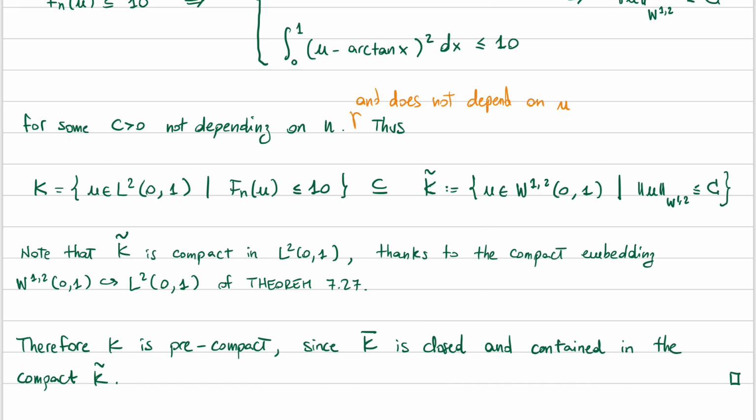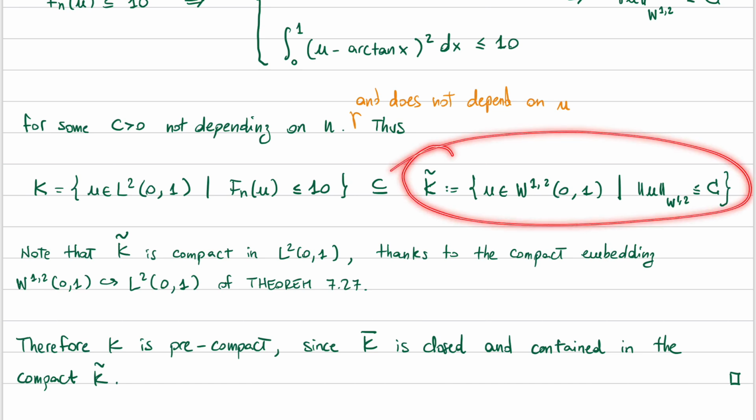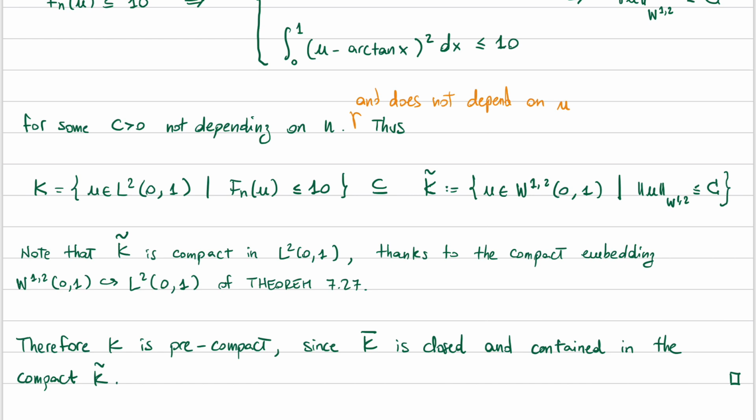This is true because this set is bounded in W12, and compact operators bring bounded sets into compact sets by definition. And so the image through the embedding, which is just the identity, of K tilde in L2 is compact, meaning that this set here is compact in L2.